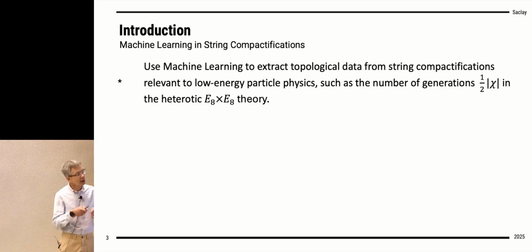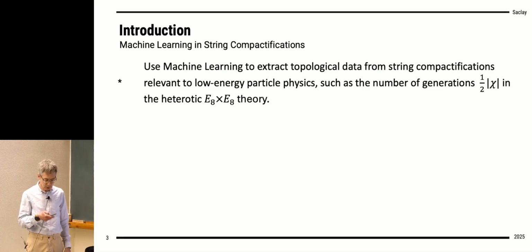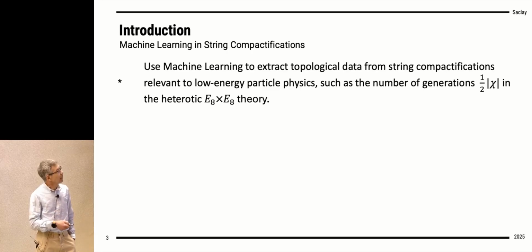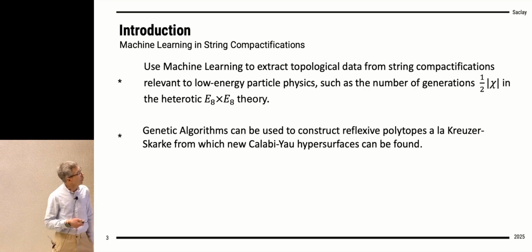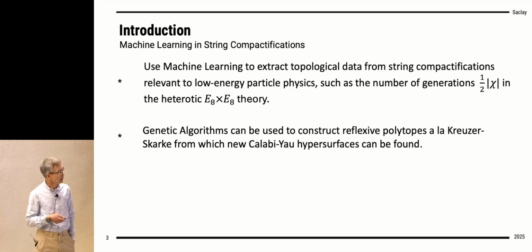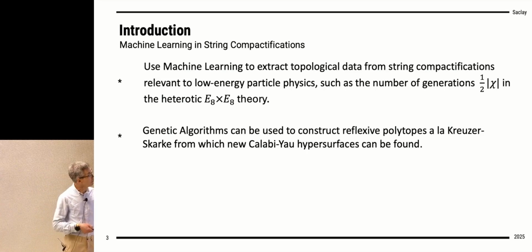In terms of this underlying data of these special polytopes from which the ambient space is constructed. So then the other part, which I've just already discussed, is how we can generalize this data set of Kreutzer-Skarke using genetic algorithms.